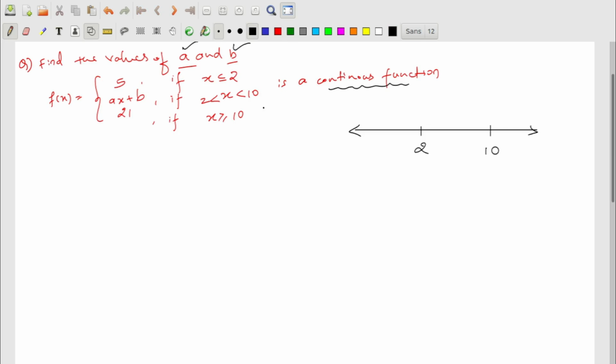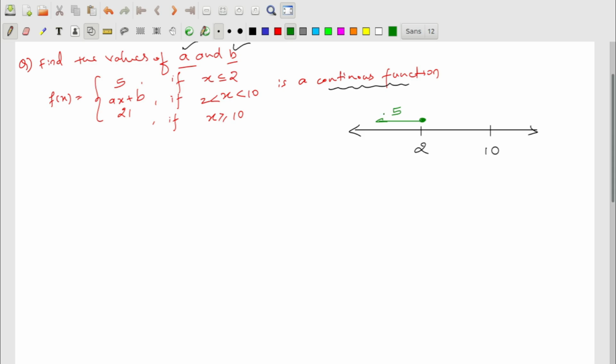We need to find the values of a and b, and it is given that the function is continuous. So first let me define the given function here. If x is less than or equal to 2, then the value of the function is 5.